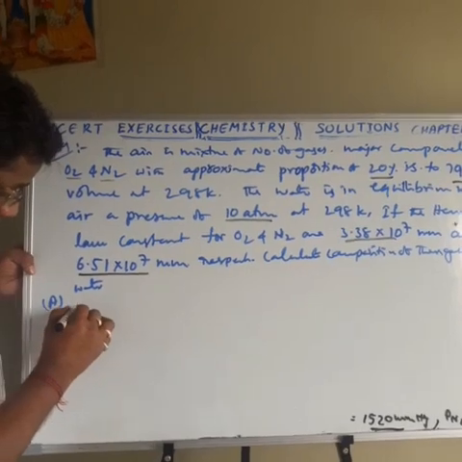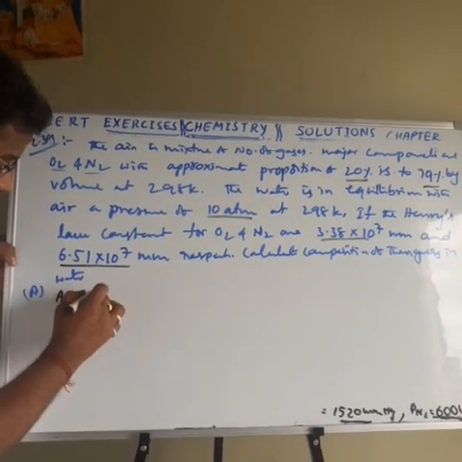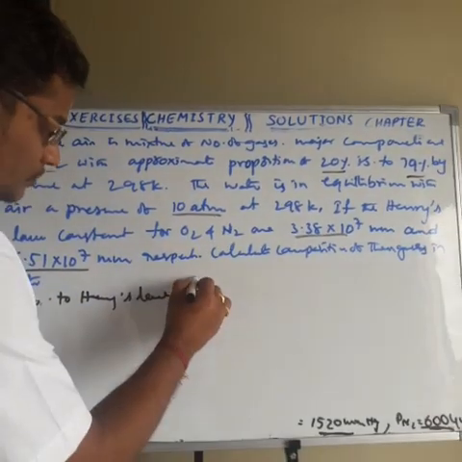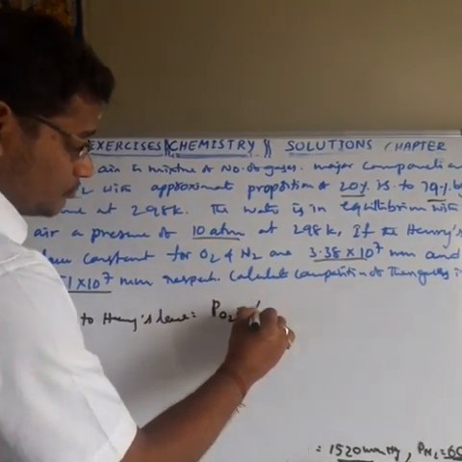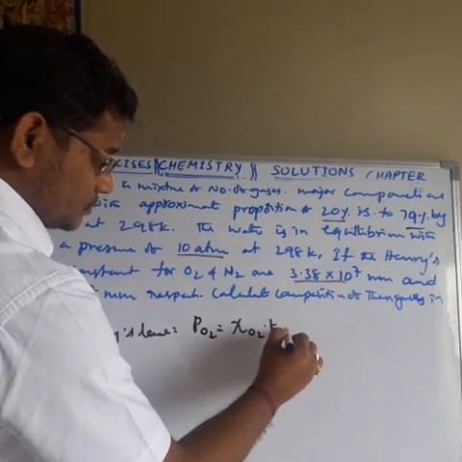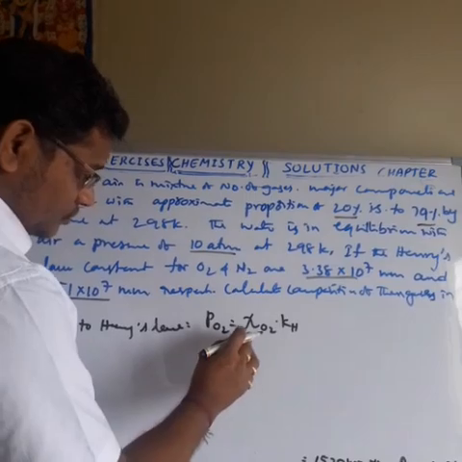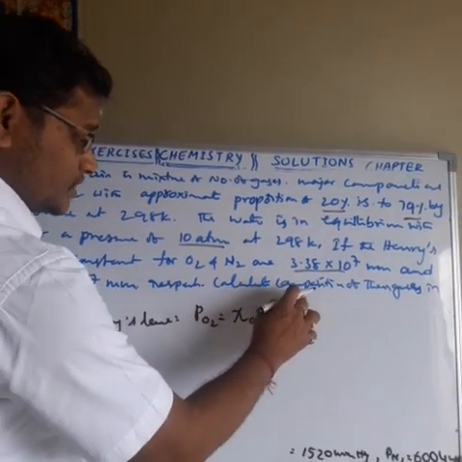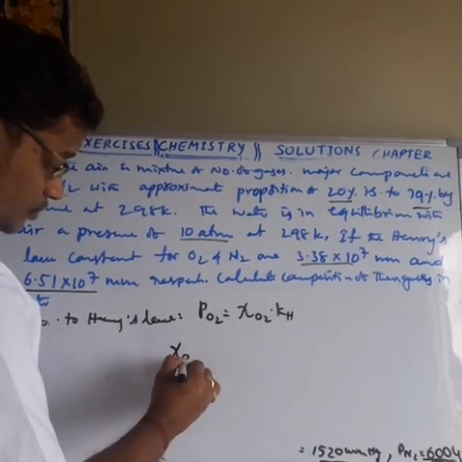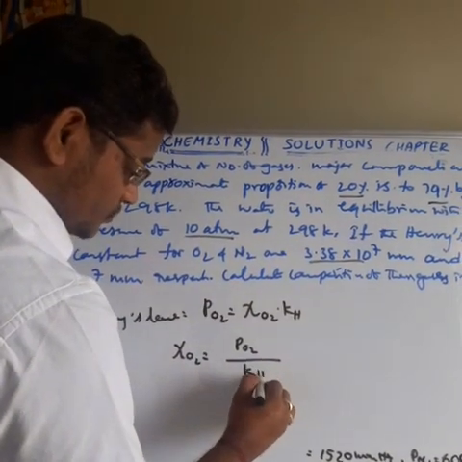According to Henry's law, the partial pressure of O2 is equal to the mole fraction of O2 times Kh. Using this, we calculate the composition of oxygen: the mole fraction of O2 is equal to the partial pressure of O2 divided by the Kh value.